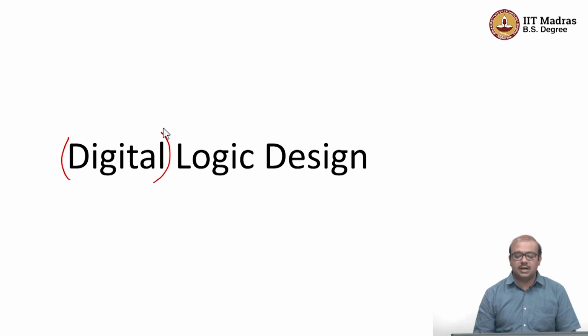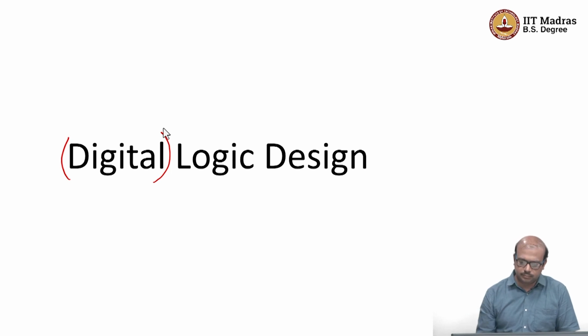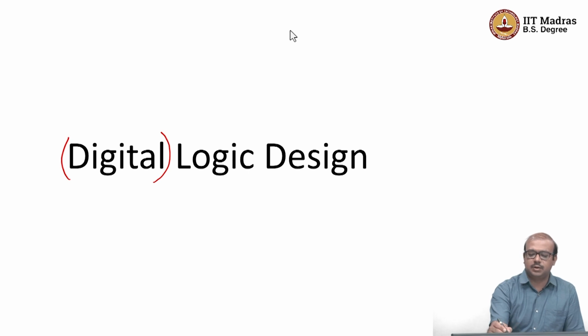Okay, so next what we want to do is create circuitry, or at the end of the day, we want to create computers which are going to manipulate or compute on such digital data. If you remember the schematic of von Neumann that I showed in the very first lecture, we had a compute unit, we had a communication unit, and we had a storage unit, right?